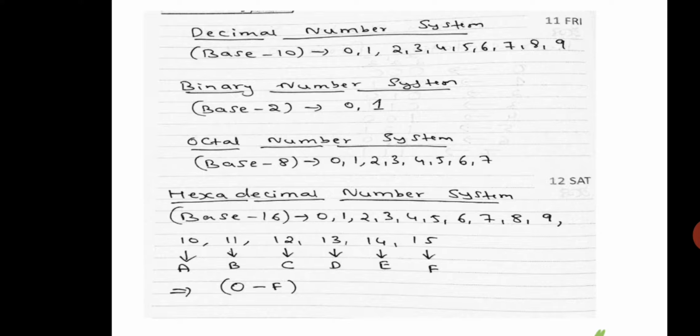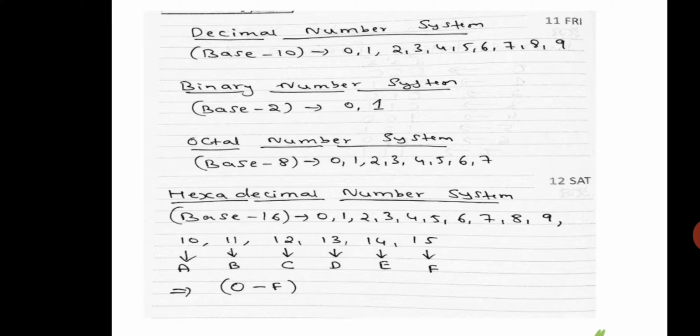Okay, then the second number system is the binary number system. Binary number system is nothing but either 0 or 1. That is the reason why we say it has base 2. And remember one thing, in the previous video while explaining about the computer system, I said in a computer everything is numbers, isn't it?